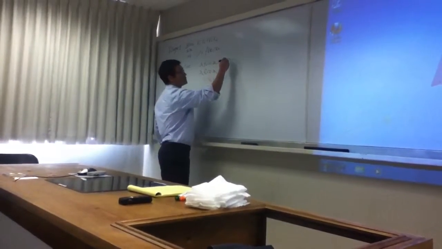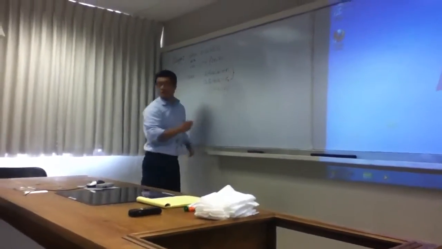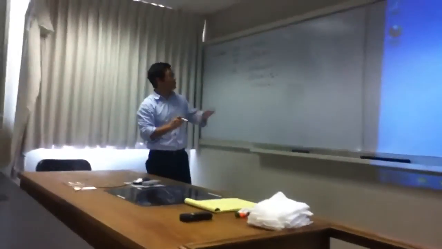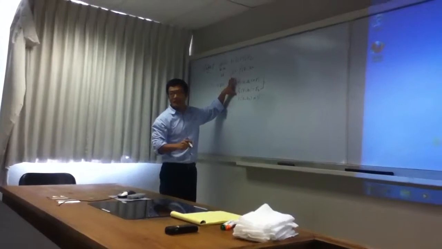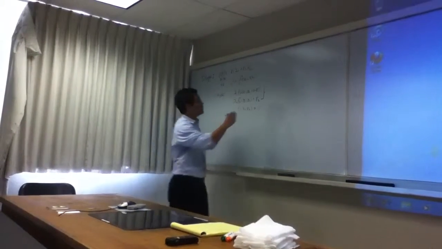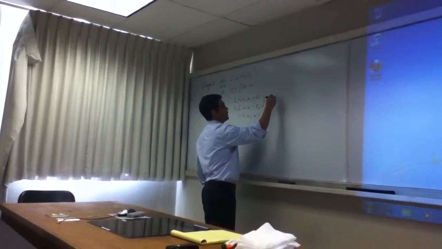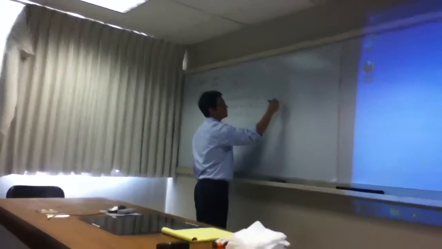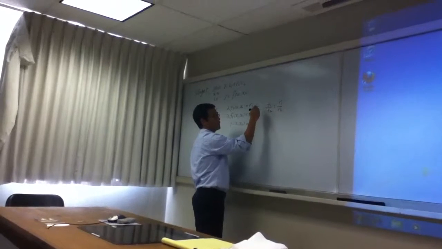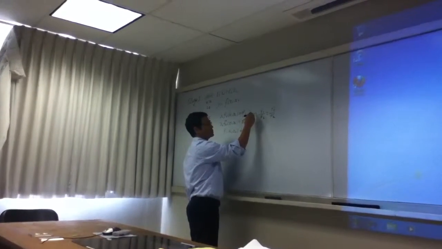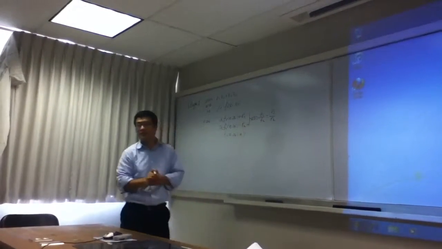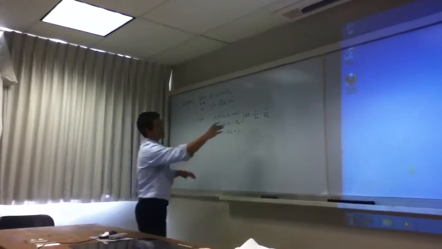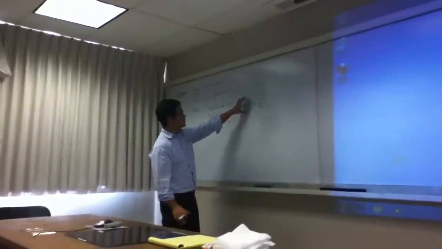So what we did was solve the cost minimization problem. We first eliminate lambda from the three equations, which gives us f1 over f2 is r1 over r2. And f1 over f2 is the RTS, rate of technical substitution, right? So that's one condition.